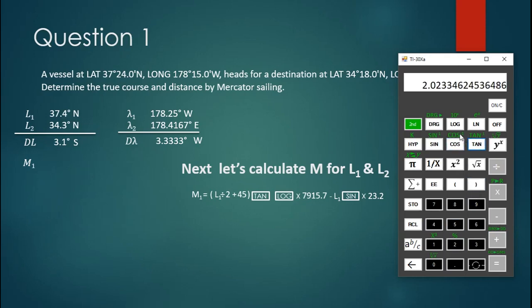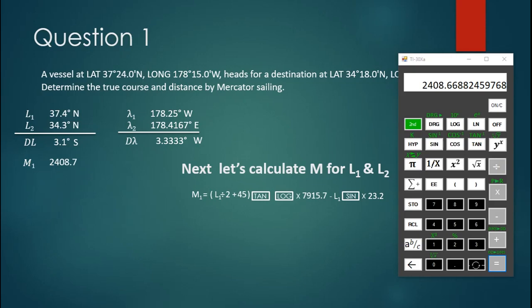Tangent log times the radius of the Earth, 7915.7, minus the sine of the latitude, 37.4, sine times the tropics at 23.2 equals 2408.66. We can probably round that to 2408.7.